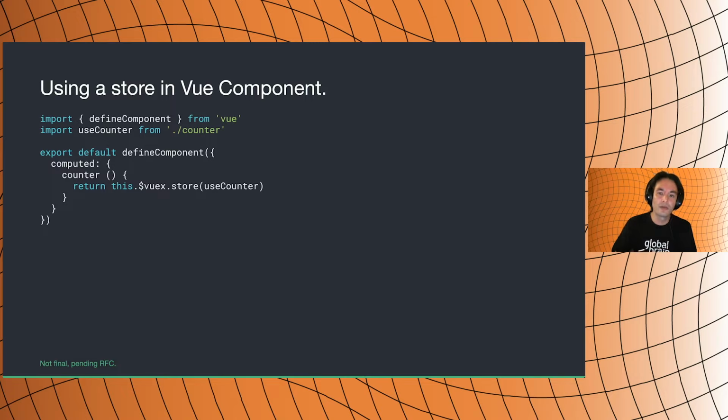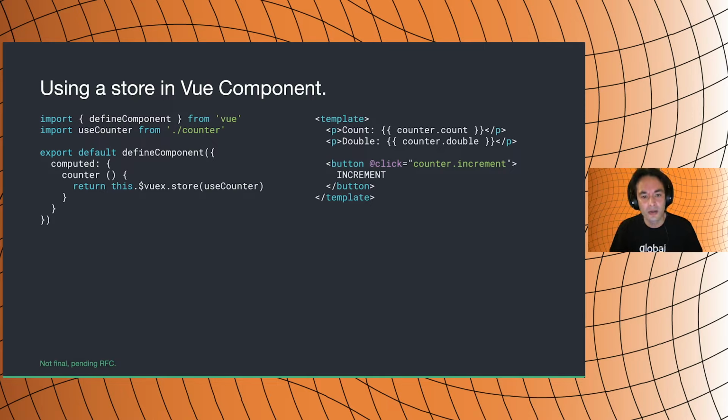Next, inside a Vue component, just like Vuex 3 and Vuex 4, you will fetch the store inside a computed property. In this case, we have a counter computed property, and it is returning the store instance, the same as I've shown you before through the vuex.store method. Now you can use the counter object inside the template. Simple.